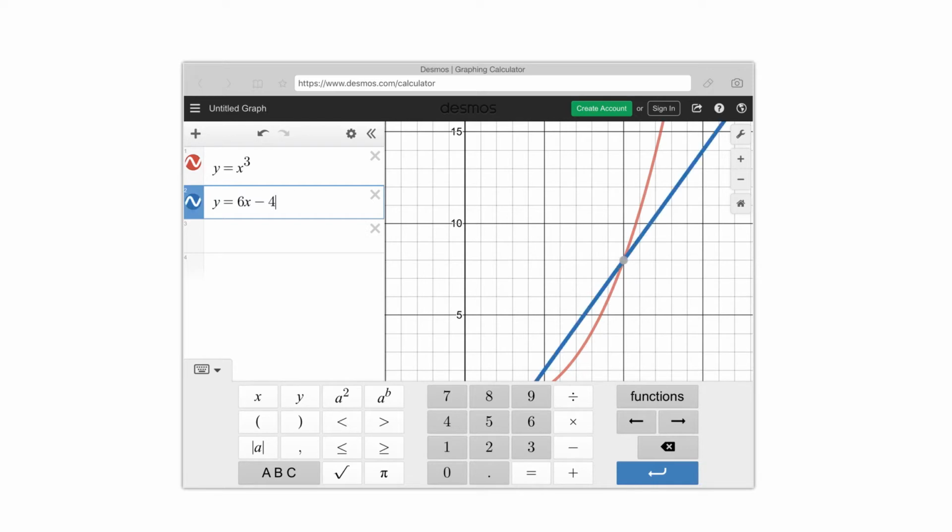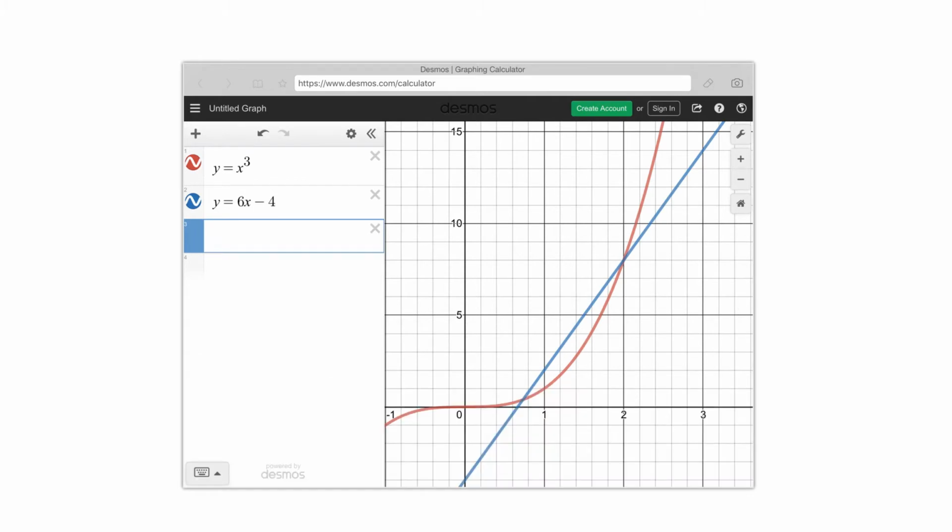We could try 4. There we go. So it's still going to go through the graph, but now clearly this does not look tangent over at 2. It's skewed. It's not the right slope. We need that value of 12 there to make it look nice and perfectly tangent to the graph. And we are able to come up with that value of 12 by using our limit.